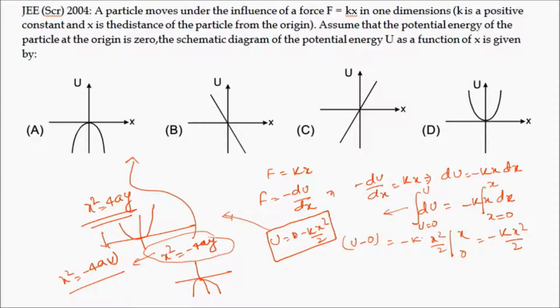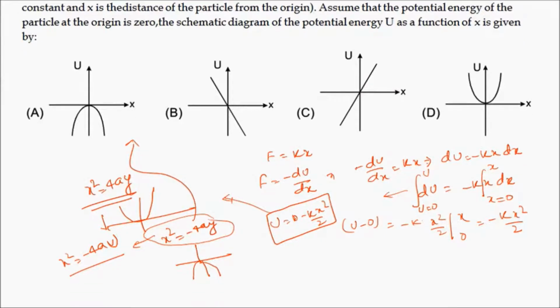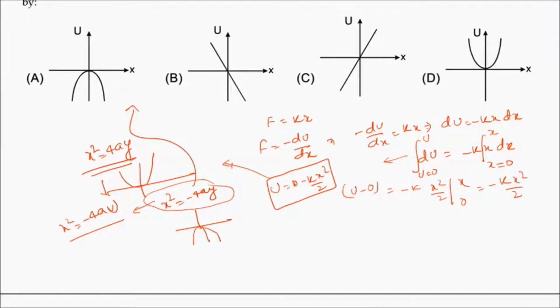Now suppose instead of force kx, k is negative; here k is positive. If k is less than 0, then the potential energy U = -kx²/2, and -k will be positive.